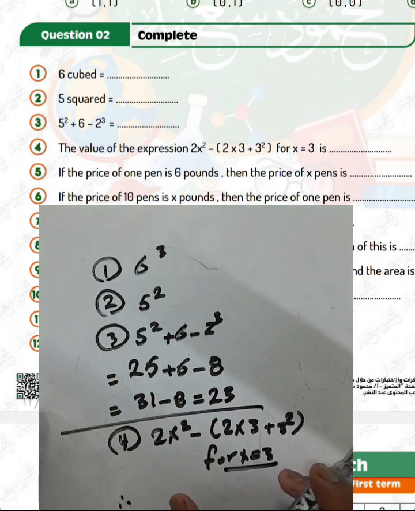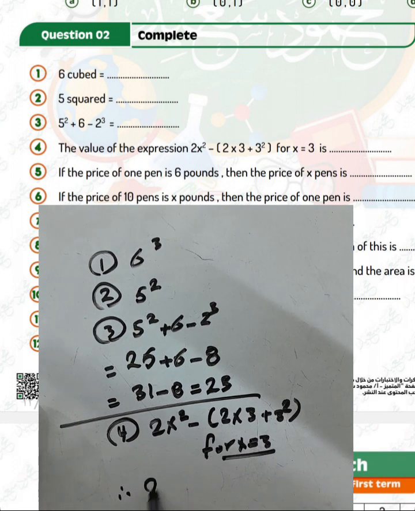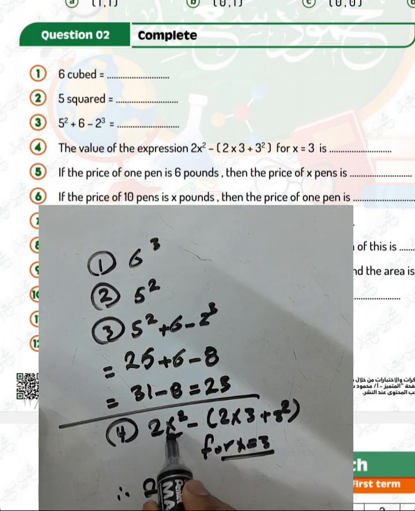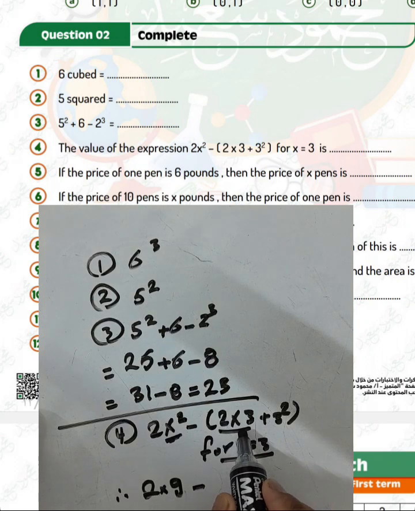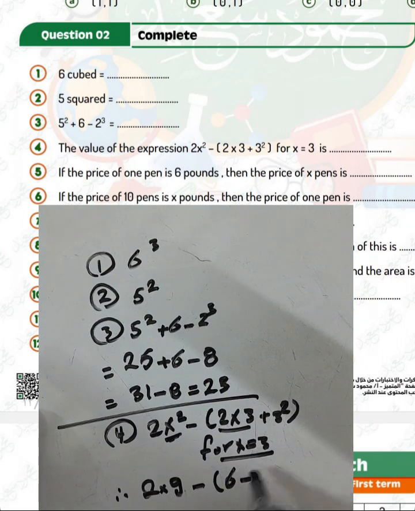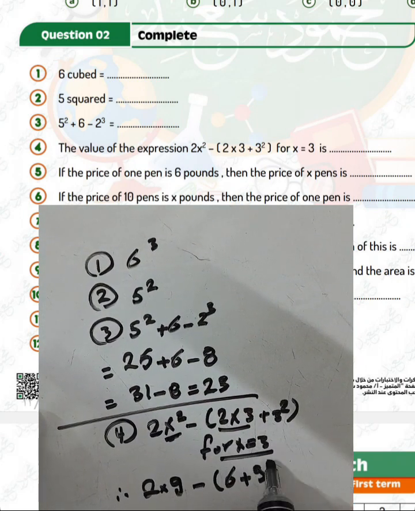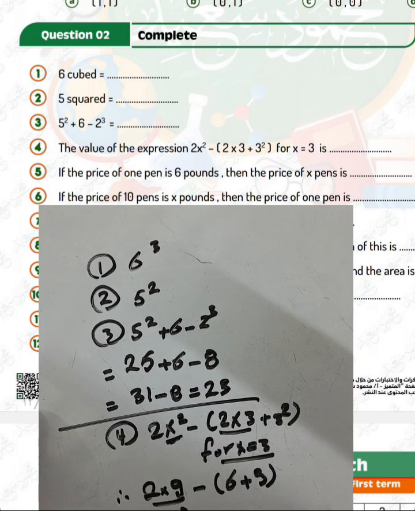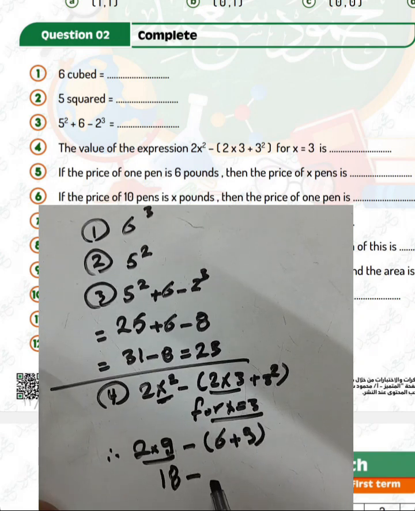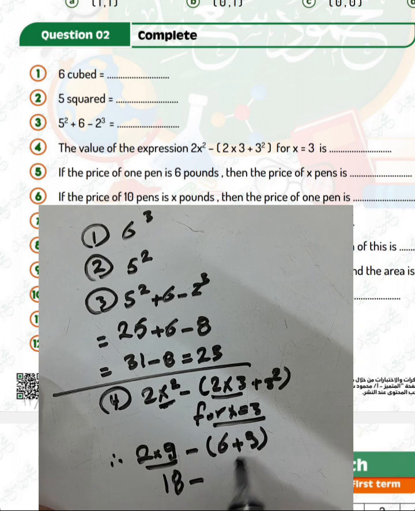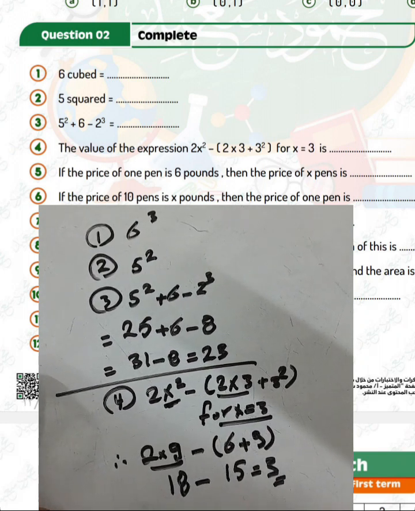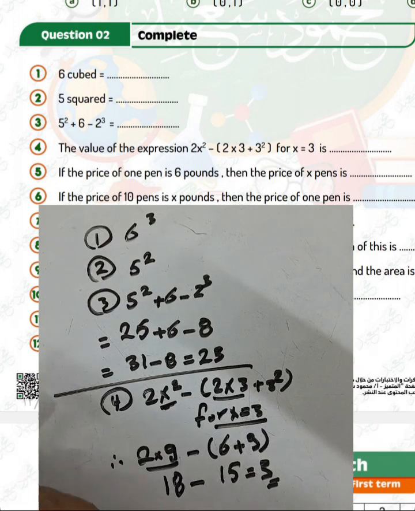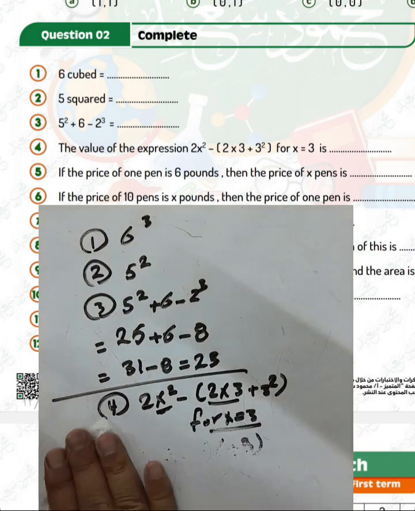Put x equals 3 here. 3 power 2 will be 9. Subtract 2 power 3 equals 8. 2 times 9 equals 18. Subtract 6 plus 9, it will be 15. 18 minus 15 will be 3. The result here will be 3 for this question. Question number 5.